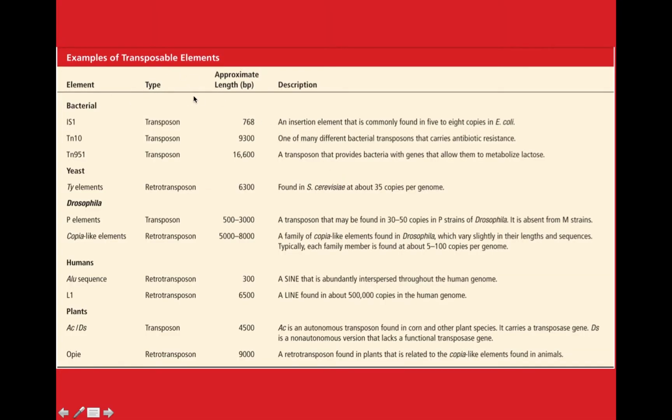Here are some examples of transposable elements again. The two that we're going to talk about for humans are both retrotransposons. In bacteria, we have mostly transposons. In yeast, it's a retrotransposon. In Drosophila, we have one of each. And in plants also, there are examples of one of each.